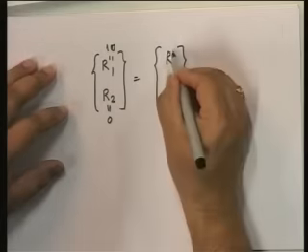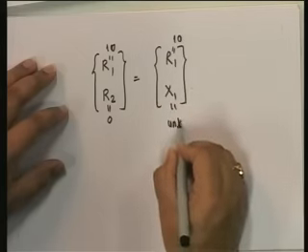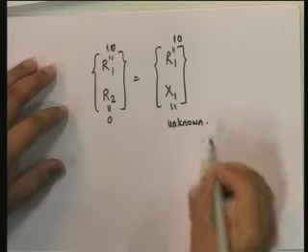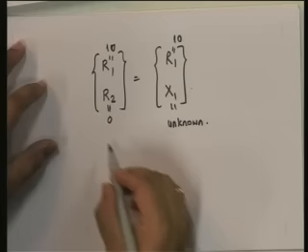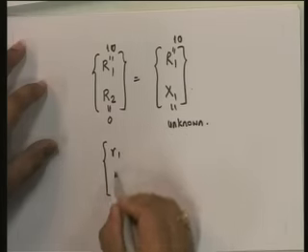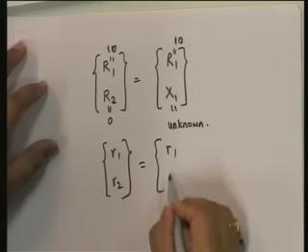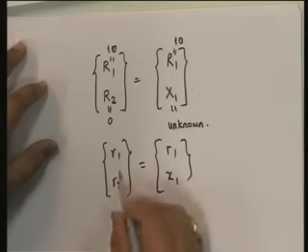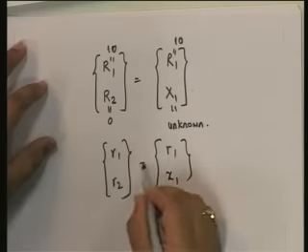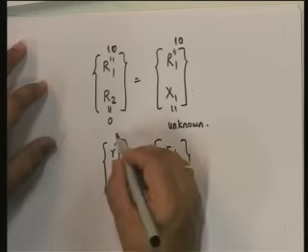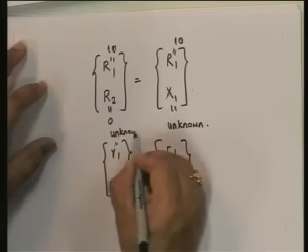In this particular case, this would still be 10. This is unknown. Okay? This is unknown. But you look at this. R1, R2 is equal to R1, X1. This is the statically determinate case in the previous case. This is the current case. Here, this and this both were unknown.